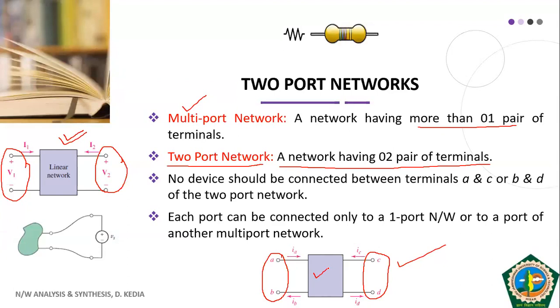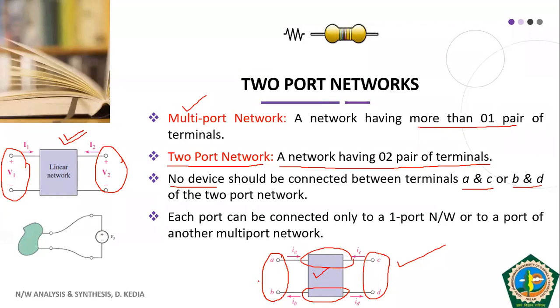As I told you in the previous slide also, in the case of a two port network also, no device should be connected between A and C or B and D. Means in between A and C there will be no device connected. Similarly, in between B and D there will be no device connected, or no connection in between.